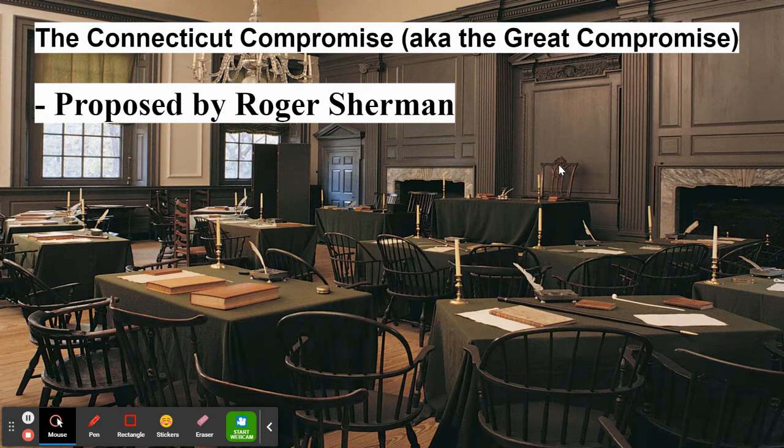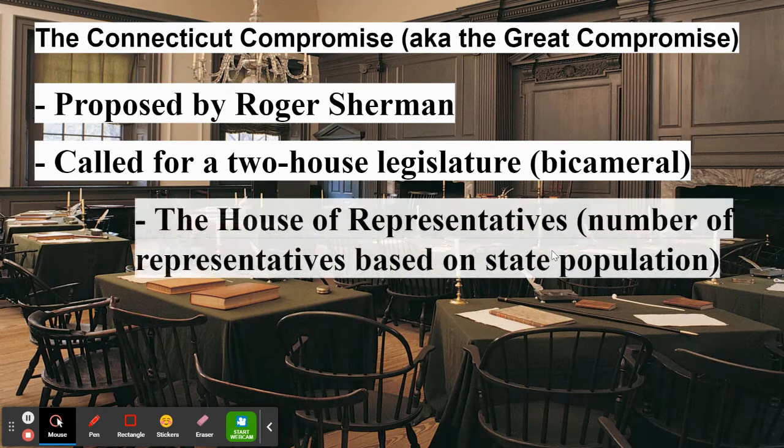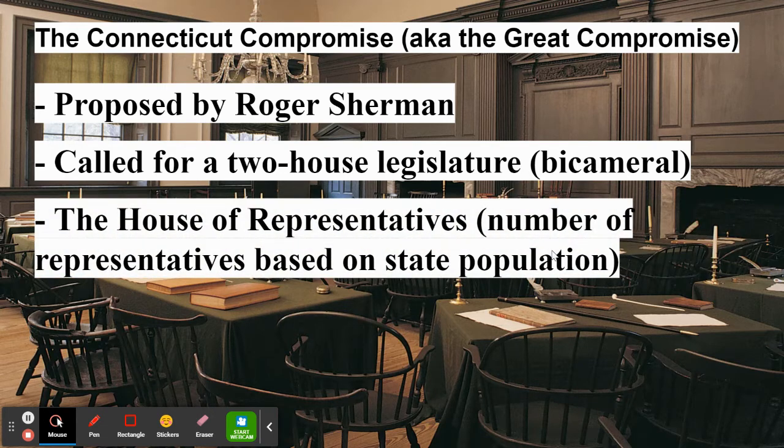The Connecticut Compromise included a two-house legislature, a bicameral legislature, and in one house, the lower house, also known as the House of Representatives, the number of representatives would be based on state population. The larger the state in terms of population, the more representation it would have.